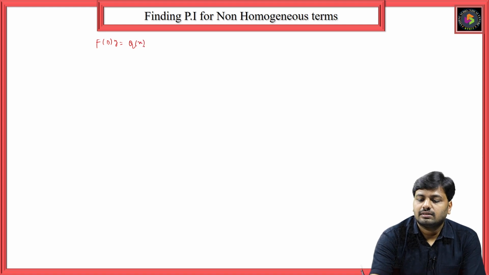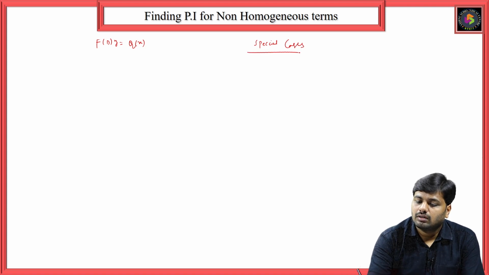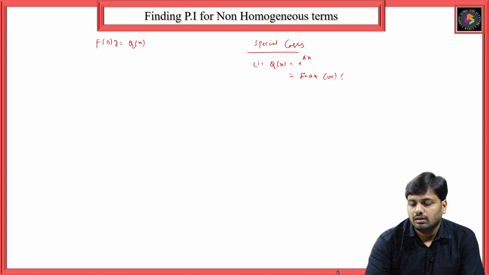So what are the special cases? One is Q of x equal to e power ax, the second is sin ax or cos ax, and one more function, x power m, where m is a positive integer.